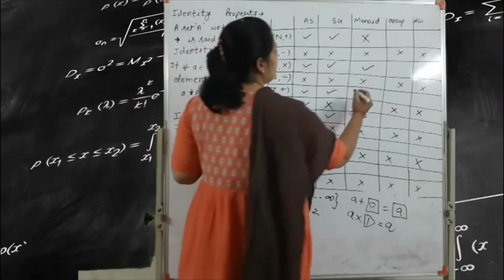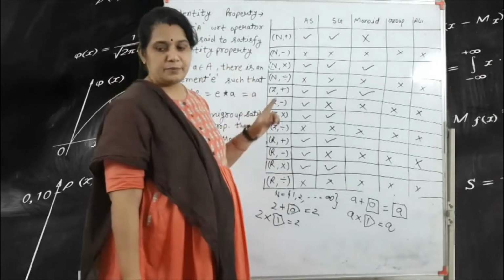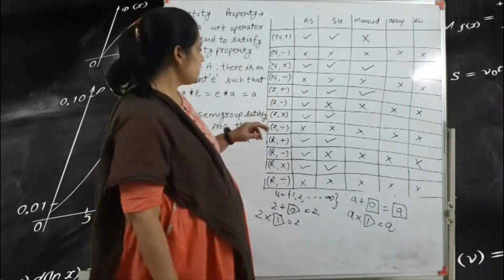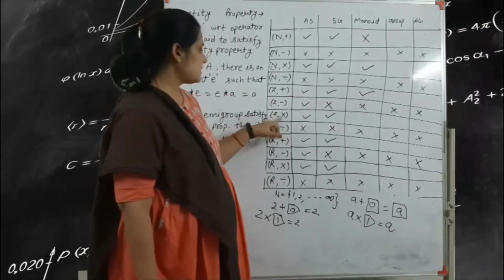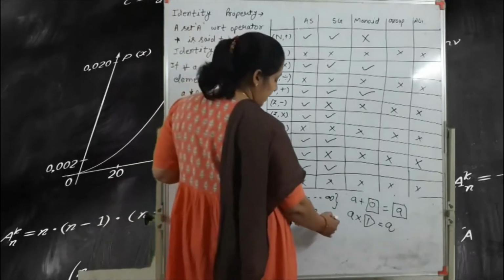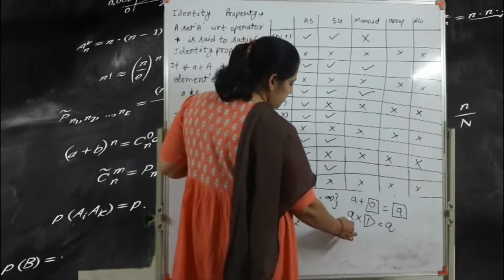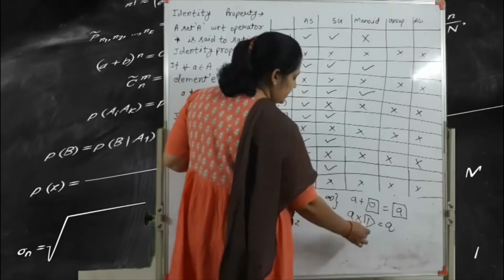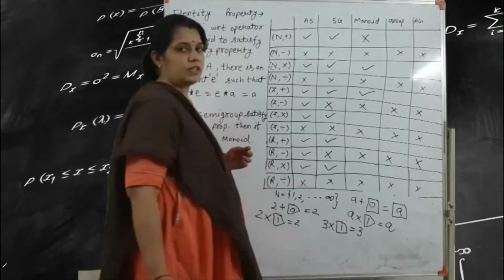Okay, so here Z plus satisfies the identity property. Got it? Next one is Z multiply. So if we consider 3, which element do we multiply here to get 3 itself? Obviously we multiply by 1.